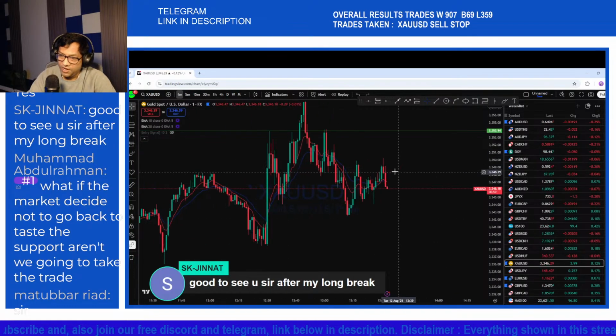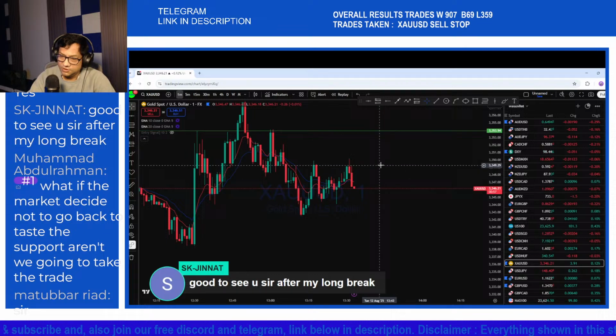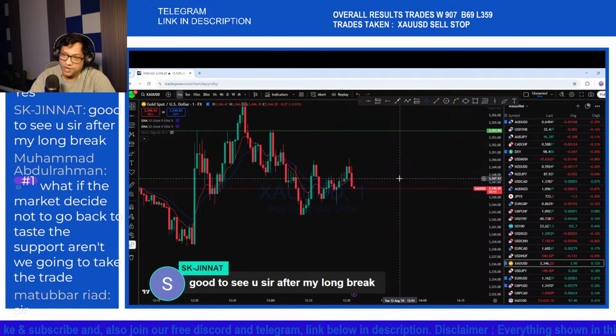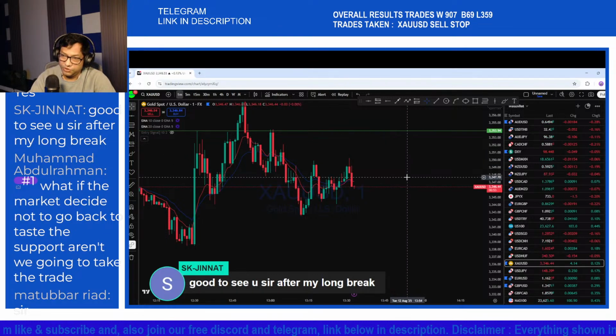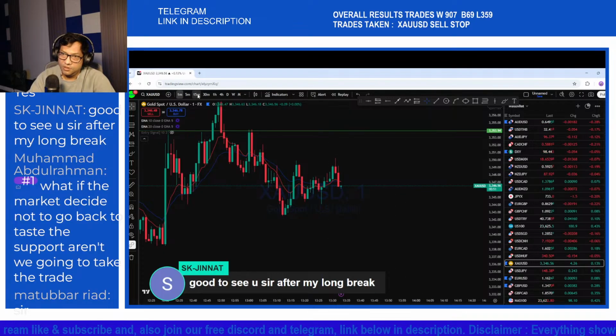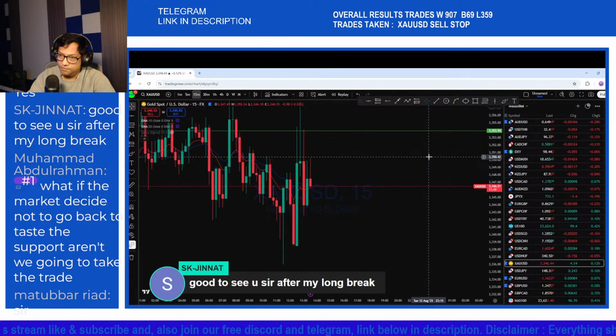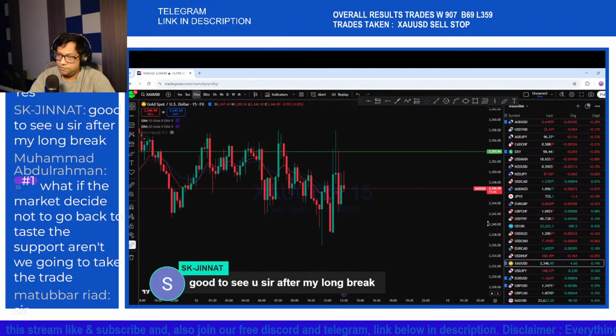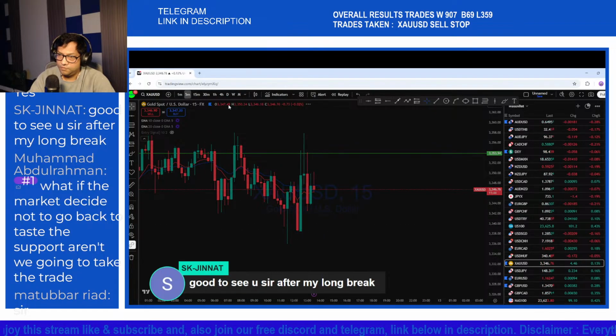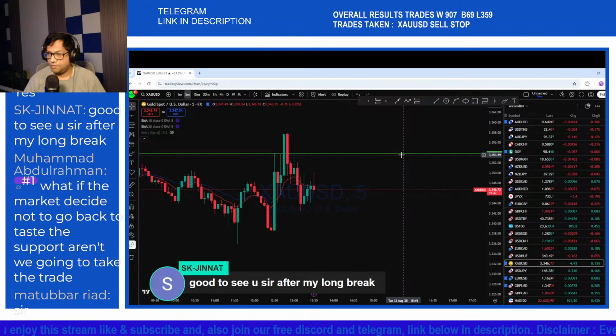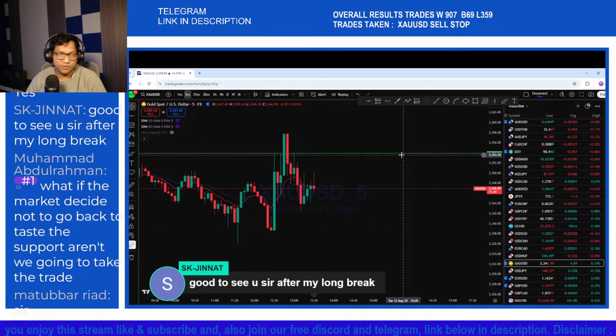When the market is choppy like that, this is a preparation for possibly another move, especially after the news. Let's wait for the candle close.